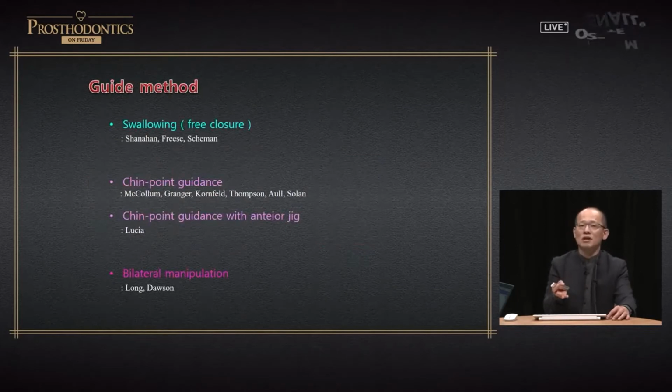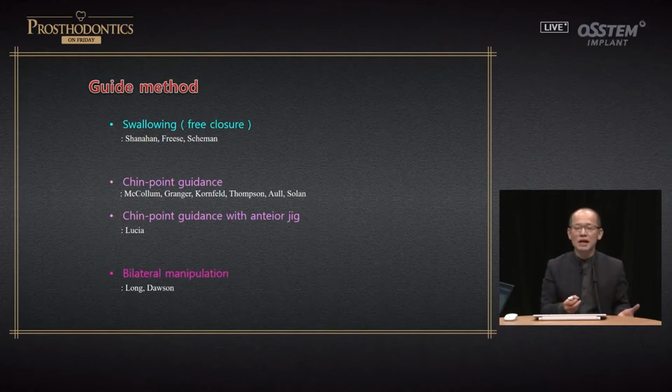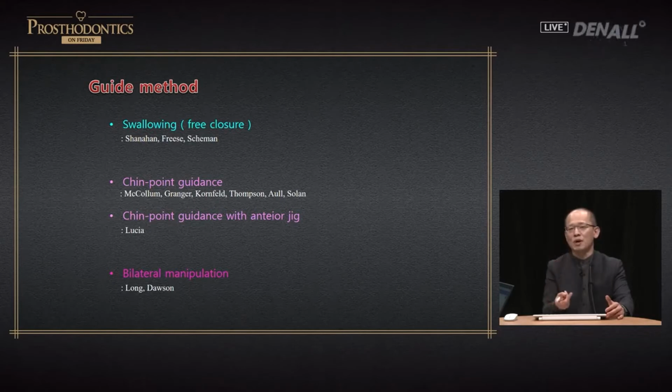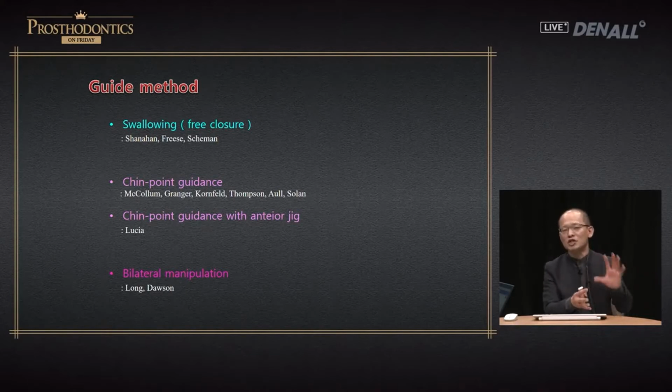But what is more important is this one: clinically, how the practitioner guides the patient. For a full mouth rehabilitation patient, how you can be consistent is very important. As I said, consistency is key. So chin point guidance, or chin point guidance with anterior jig, or bilateral manipulation are all things you need to think about. There are different points you can take as reference.